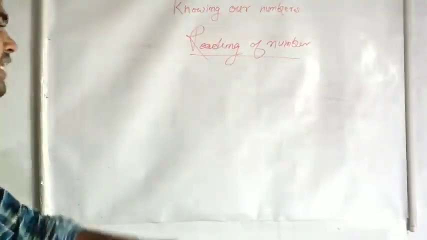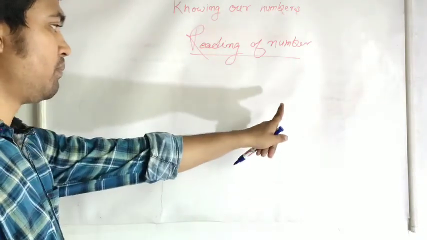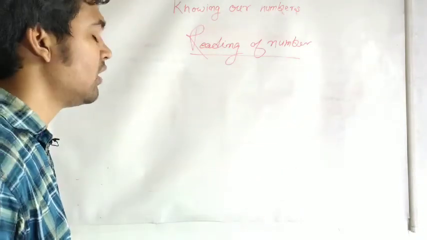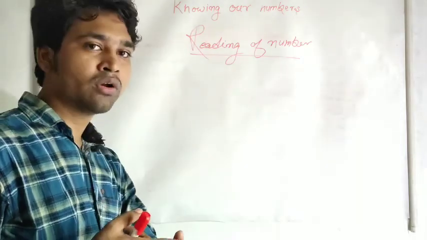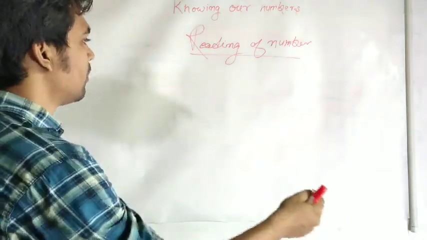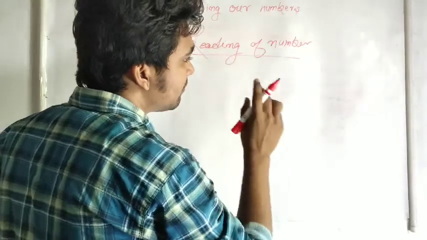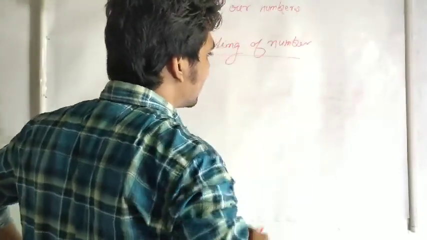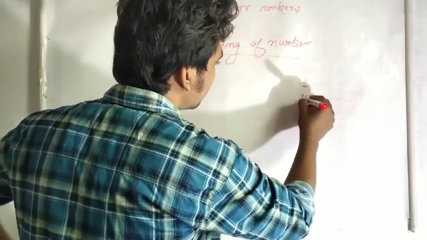Friends, for reading of numbers, we have already talked about the place value of any given number, and we denote them with a specific name. For example, when a number is at the first place from the right side, we call it the unit place.